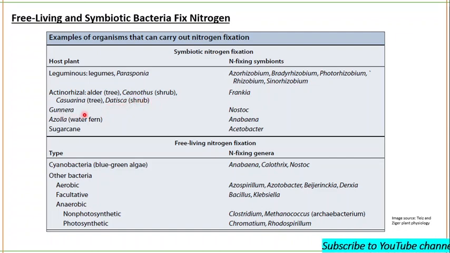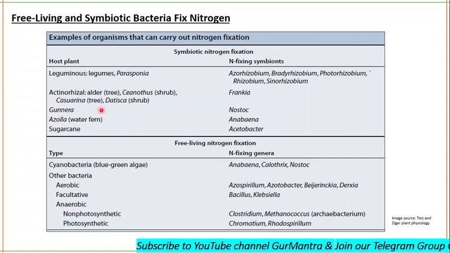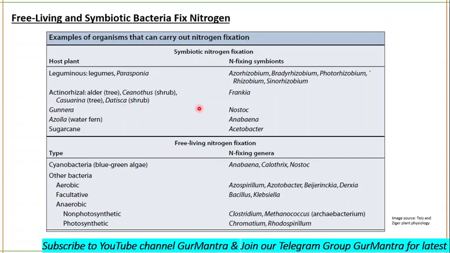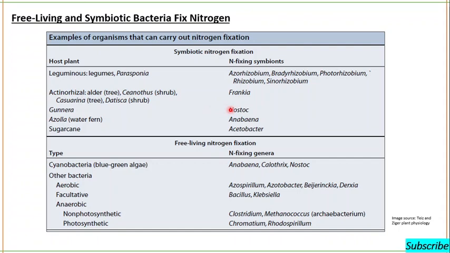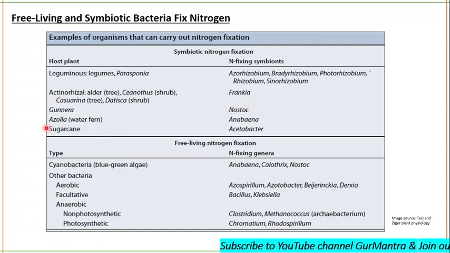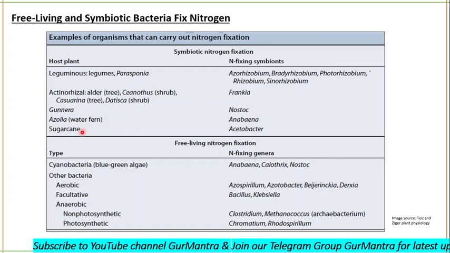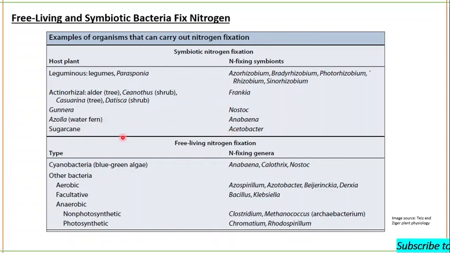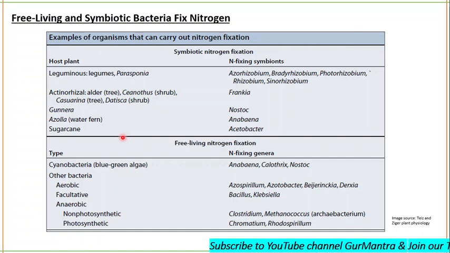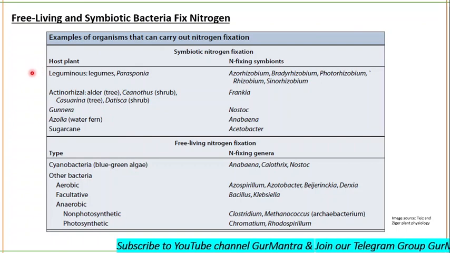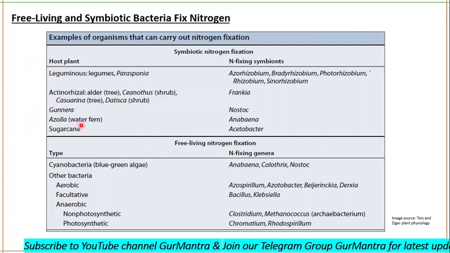Gunnera possesses stem glands. In Gunnera, the nitrogen fixing bacterium is actually a cyanobacterium, Nostoc. In the water fern Azolla, Anabaena acts as a symbiont. In sugarcane, Acetobacter is a symbiont which will be fixing nitrogen for sugarcane. So these all are the symbiotic nitrogen fixation examples.